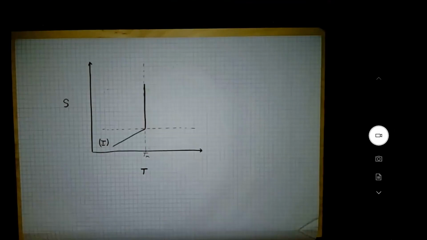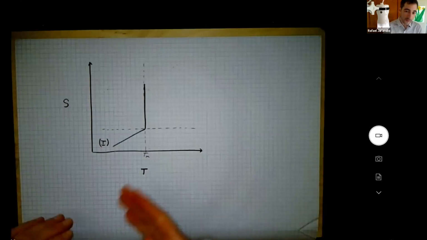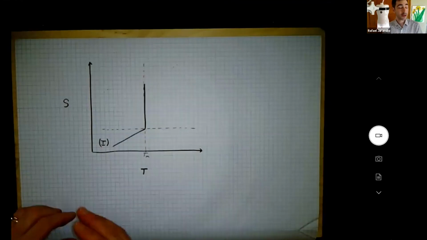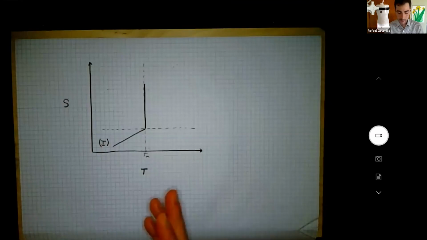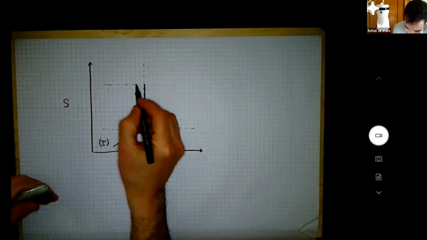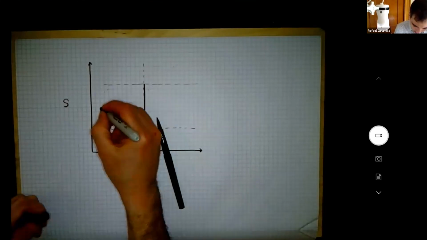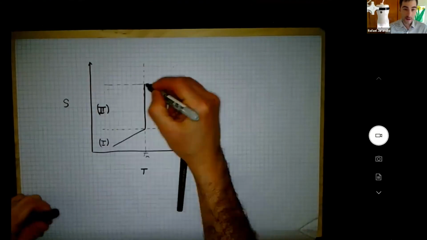That's right. In phase two, we're adding heat energy, so we are increasing the entropy of the system. And as was correctly pointed out, we're increasing disorder, right? We're melting the solid. So we definitely want that increasing entropy, but the temperature is locked at the equilibrium melting point. So we just have a vertical line up. And then at some point, after some amount of heat, we have melted all the solid. So this was phase two. And we are back in a single phase region.